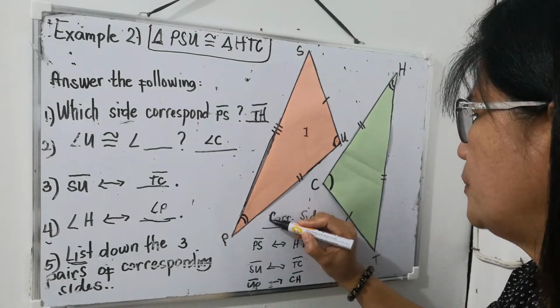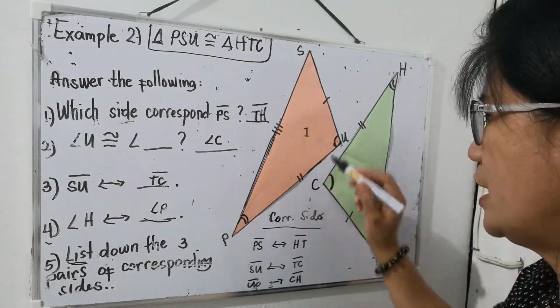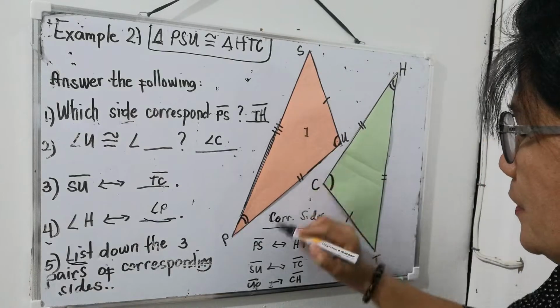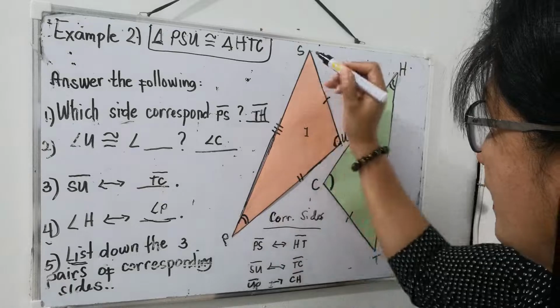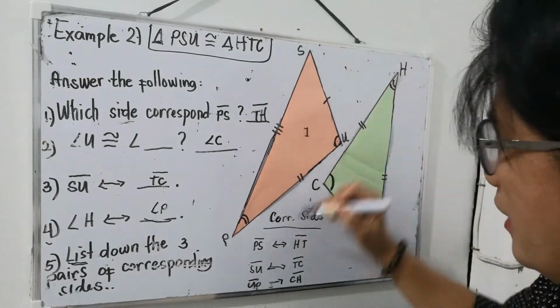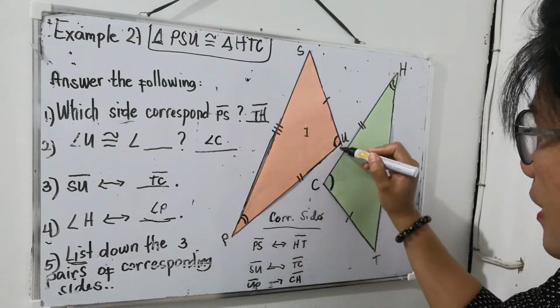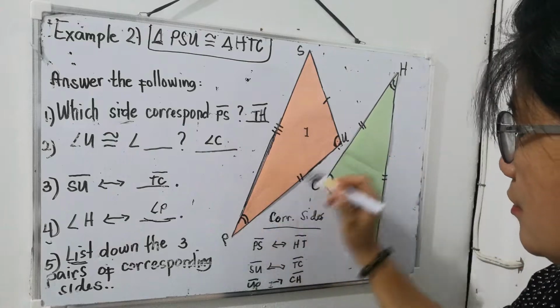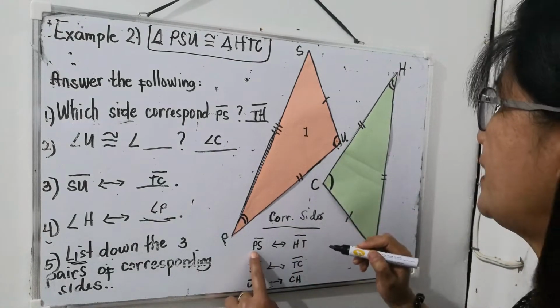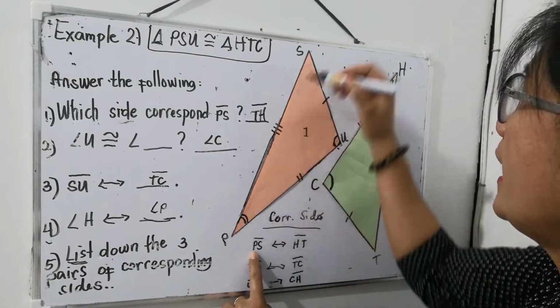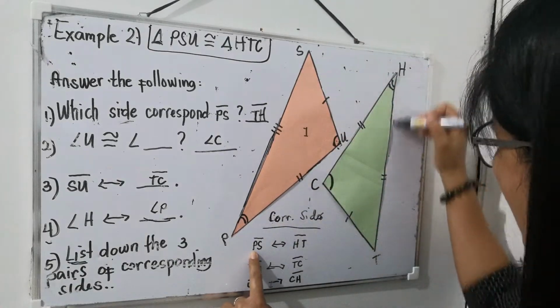So these are the corresponding sides of these 2 triangles. Dito muna tayo. So ano-ano yung mga line segment natin? We have line segment PS, line segment SU, and line segment PU or UP, no? Okay, ano yung kapares ni PS? So, PS, dito ka rin magsisimula.